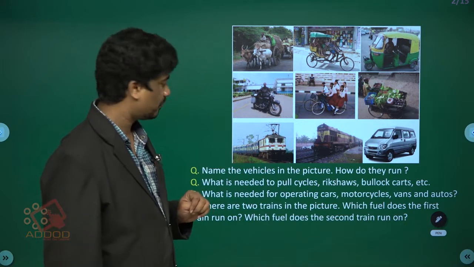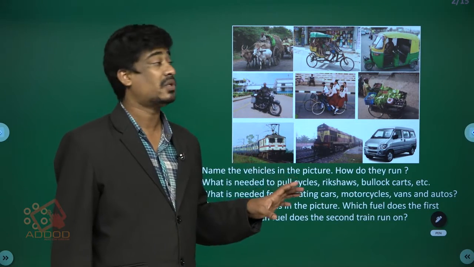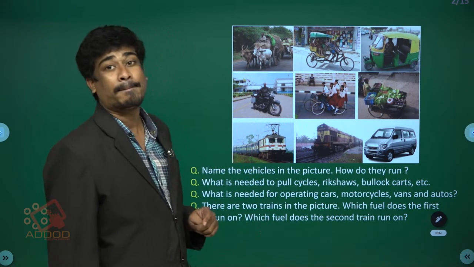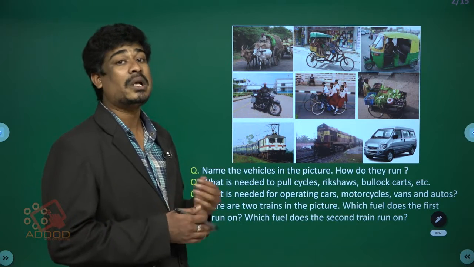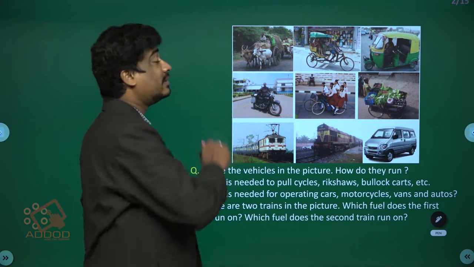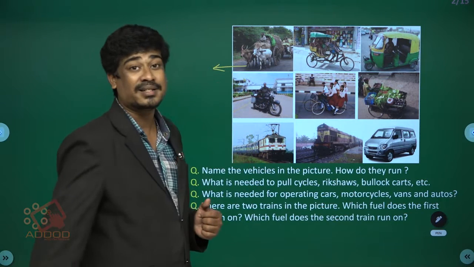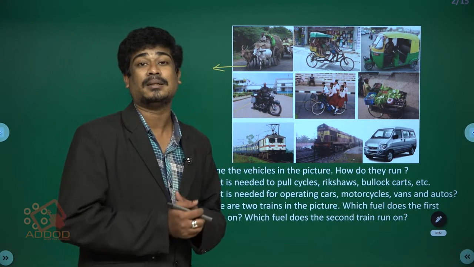Name the vehicles in the picture. How do they run? The first one, the bullock cart, is run by oxen. So we are using certain animals to move that bullock cart.